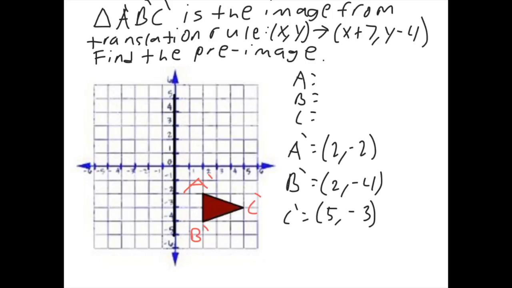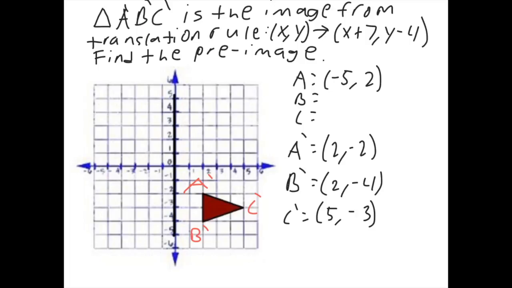So 2 minus 7 will give us -5. And then we see here that A prime was -2 for the y-coordinate, and we had a y minus 4, so that means we do the opposite and add 4. So that'll give us 2.